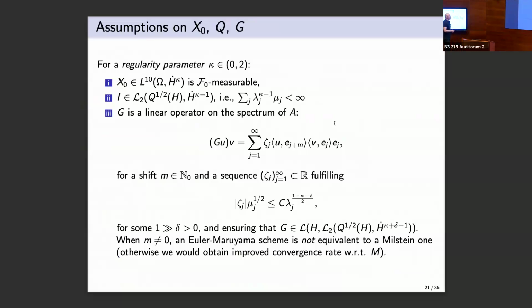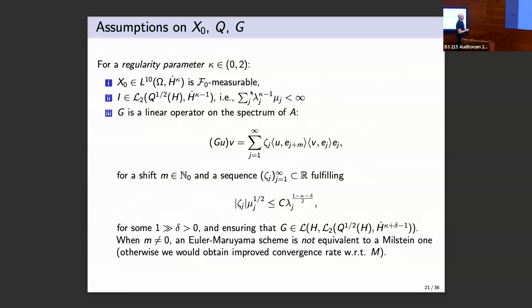Okay, so some assumptions on our SPDE now. We need to assume that our initial condition lies in this Hilbert space, so it has this regularity. I need to assume some sort of coupling between the smoothing of my operator A and the noise in my Q-process.